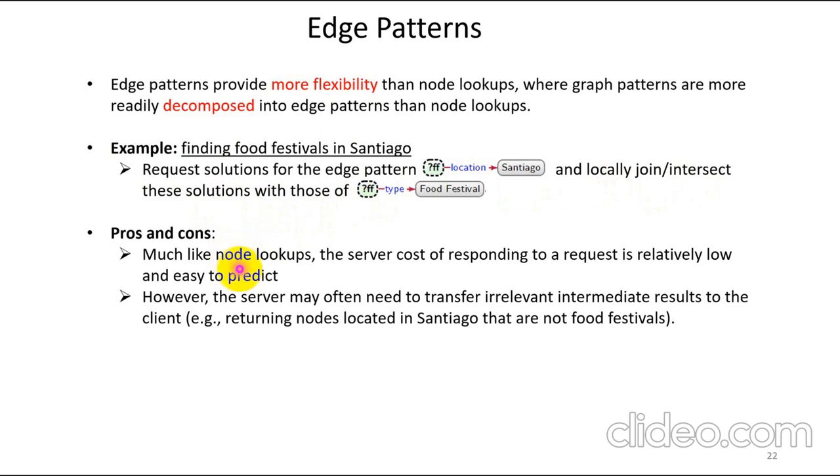As with node lookups, the server cost of responding to requests is relatively low and easy to predict. However, the server may often need to transfer irrelevant intermediate results to the client, which in the previous example may involve returning nodes located in Santiago that are not food festivals.